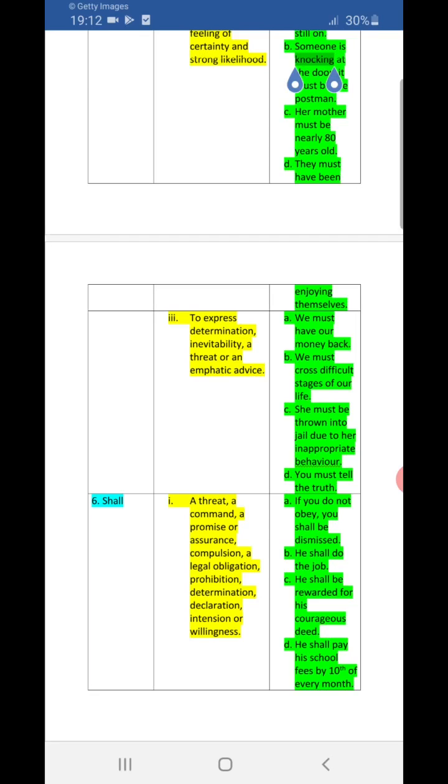So it's an inevitability that expresses some difficult stages of our life which are basically unavoidable, which are not overlapping, or which we cannot overlap or we cannot escape from.